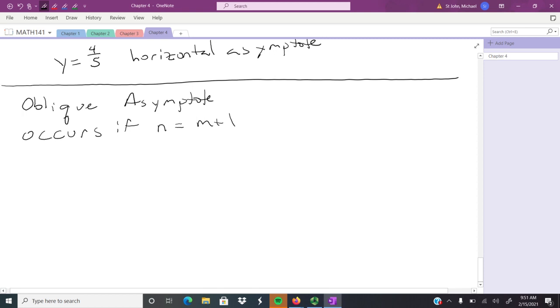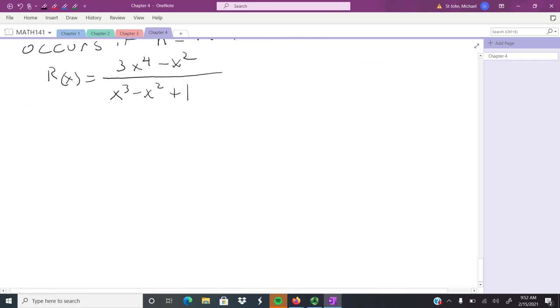So, for example, we have 3x to the fourth minus x squared over x cubed minus x squared plus 1. The degree on the top is 1 more than the degree on the bottom. So to get the asymptote, we're going to do long division.